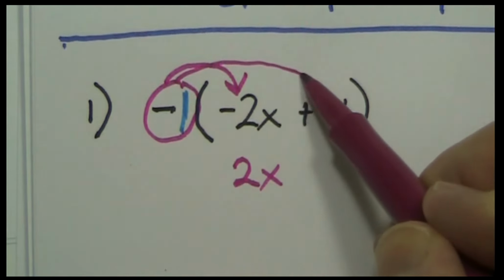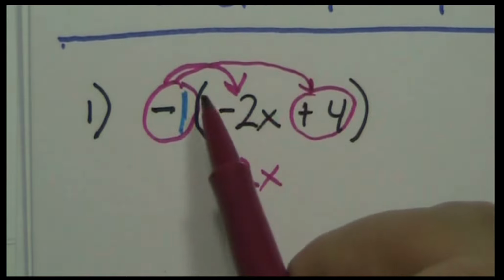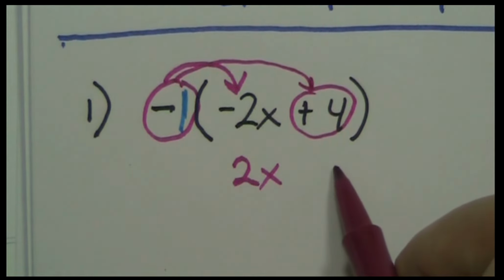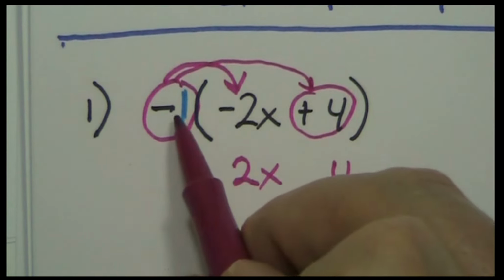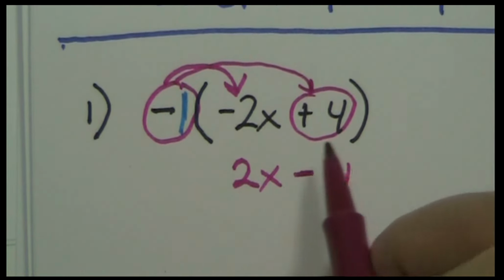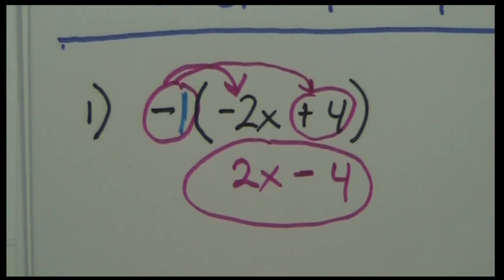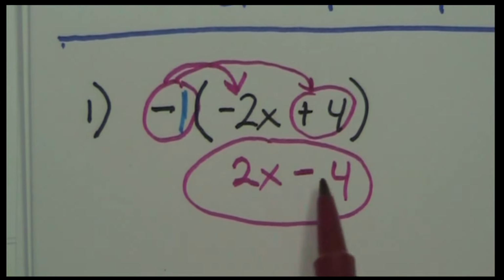All right, then we have -1 times +4. 1 times 4 is 4, and there's one negative. So that means it'll be negative. And that is now simplified.